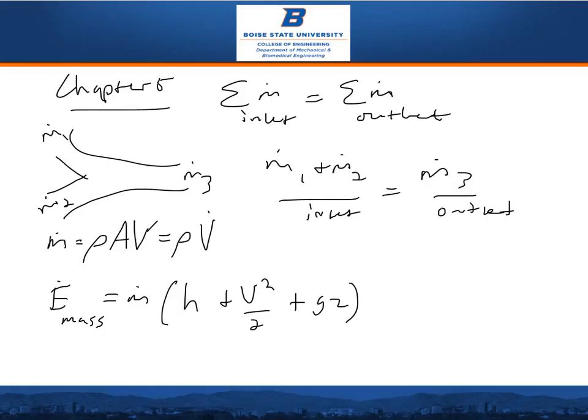Keep in mind that the relationship of h is equal to u plus Pv, so our flow energy and our internal energy. But most of the time we're just going to worry about the change in enthalpy.